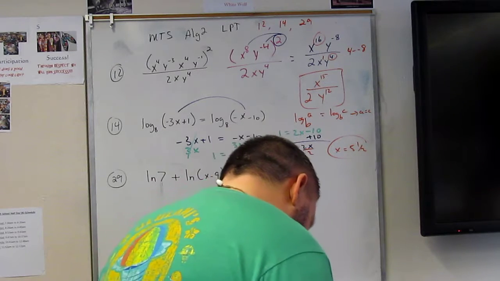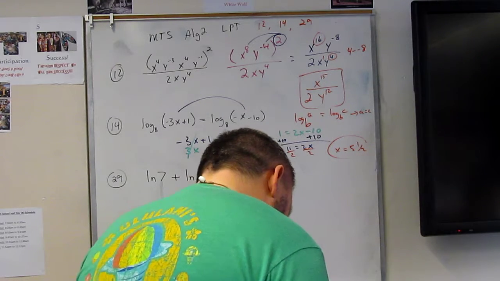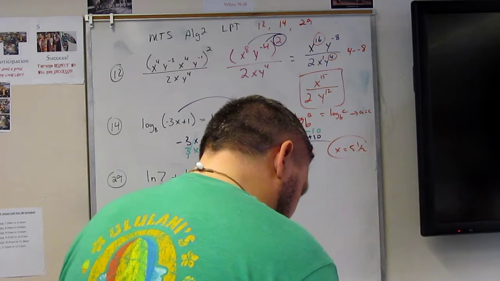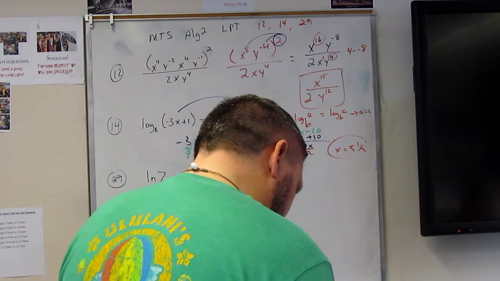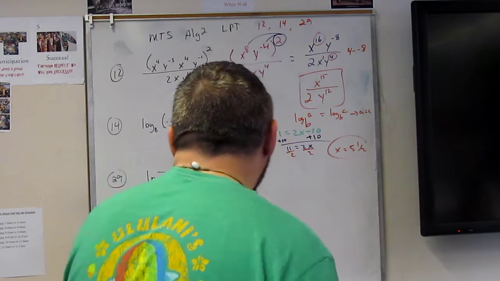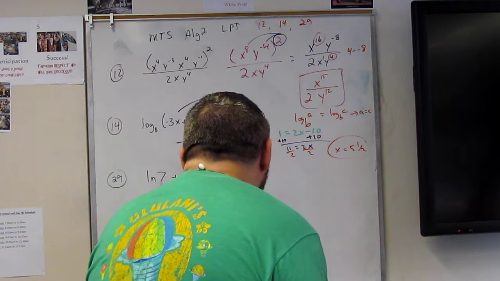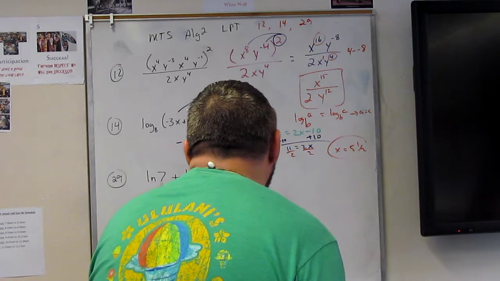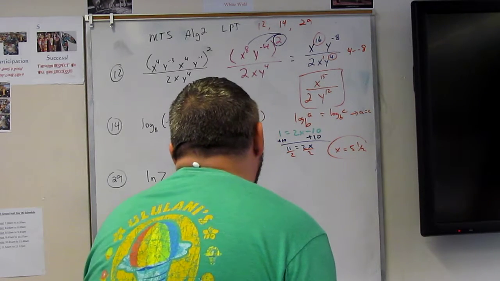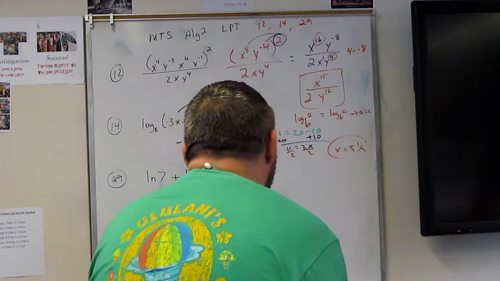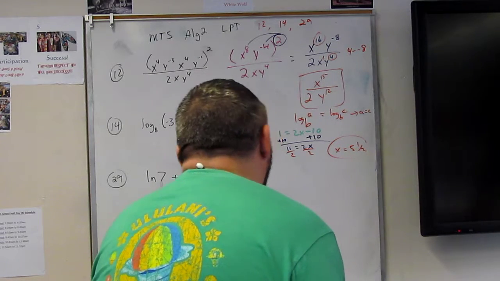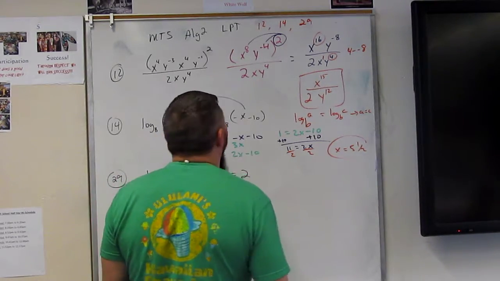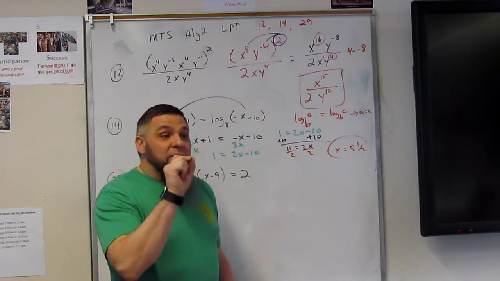I don't think so, there's a solution for 14. Did I copy the wrong problem? Oh, there's a solution for 14. That looks right. Is that similar to what we did before? Is the base clearly the same? Oh, wait. What's 5 times negative 3?